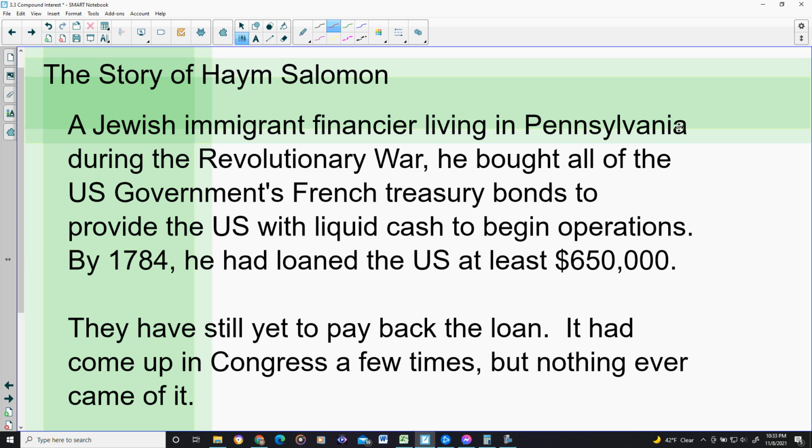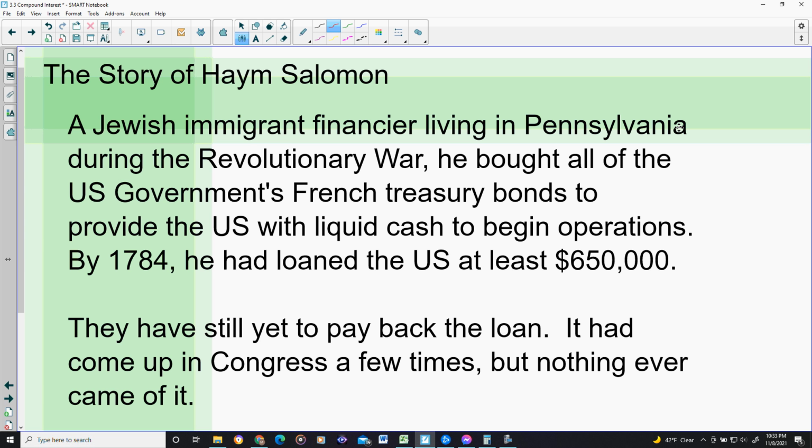But other than that, Robert Morris was a British American financier, and he was Washington's right hand man and came up with all kinds of accounting things, bookkeeping, fundraising, whatever. But behind him was this guy, Haim Solomon. And it said many times in Robert Morris's personal diary, "I sent for Haim Solomon."